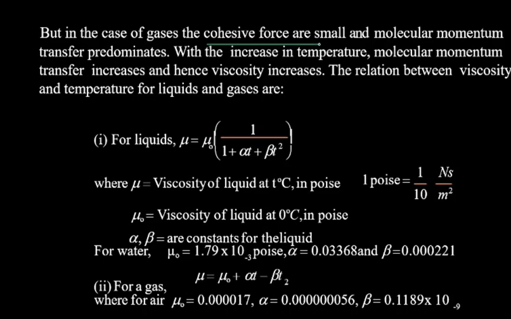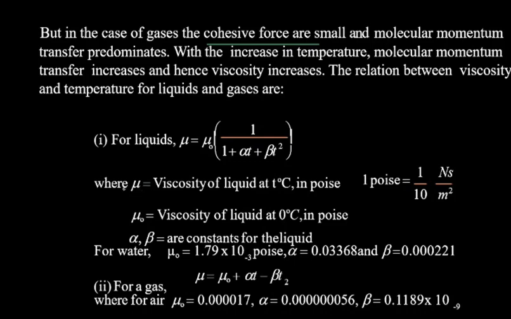The relation between viscosity and temperature for liquids is mu equal to mu naught into 1 divided by 1 plus alpha t plus beta t square. Here mu is the viscosity of the liquid at t degree centigrade, in poise.